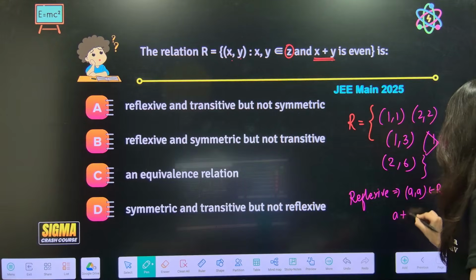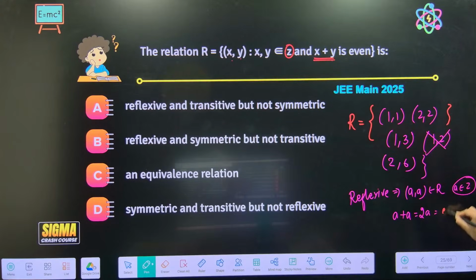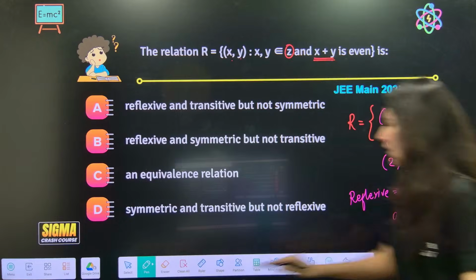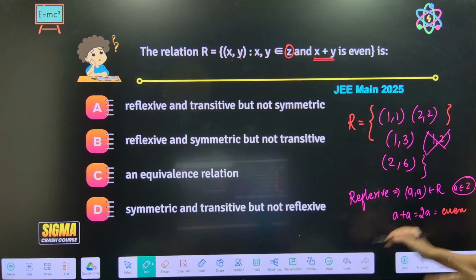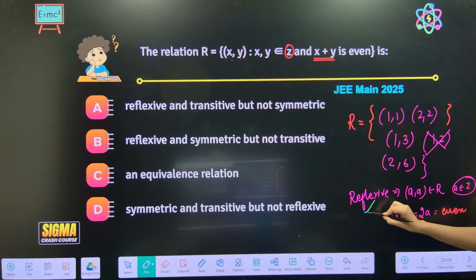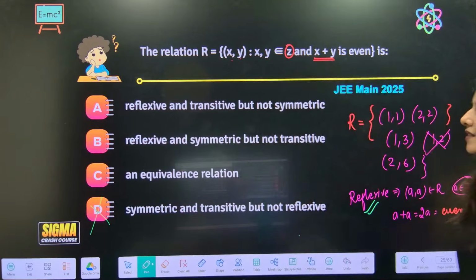So a plus a is equal to 2a. a is an integer, so can you see this is always an even number? And if it is always even, that means this kind of pair will always sit inside my relation. Hence it is reflexive. So option D is rejected.